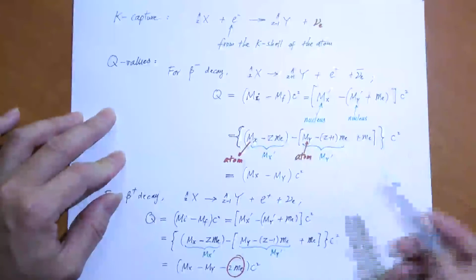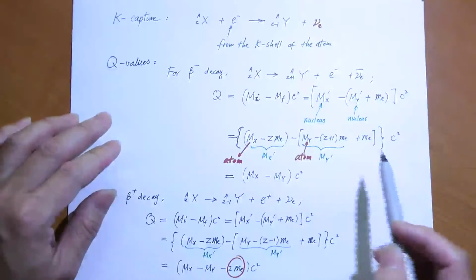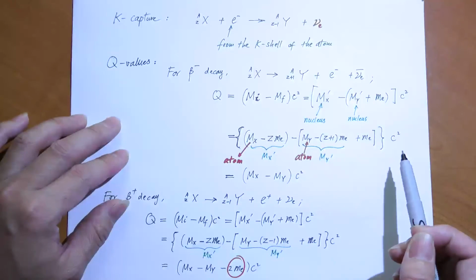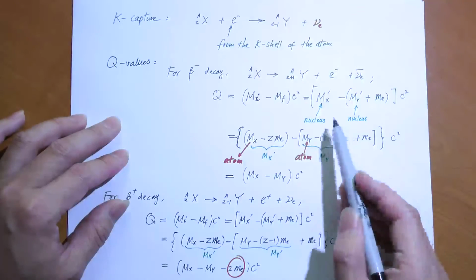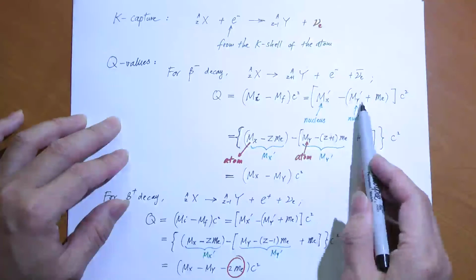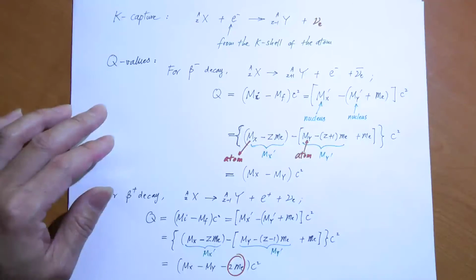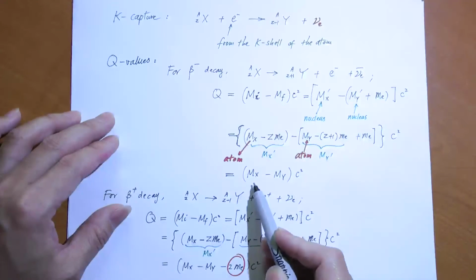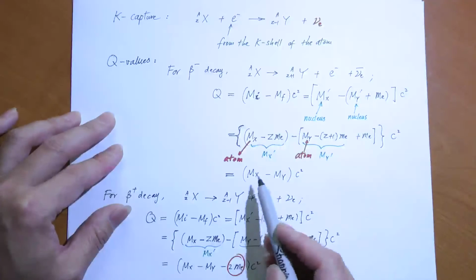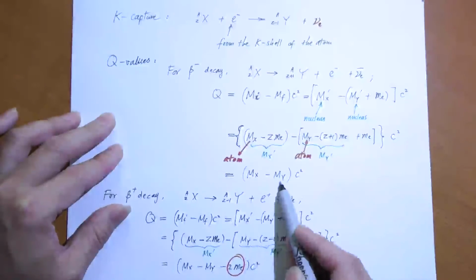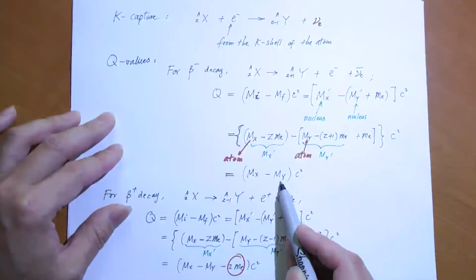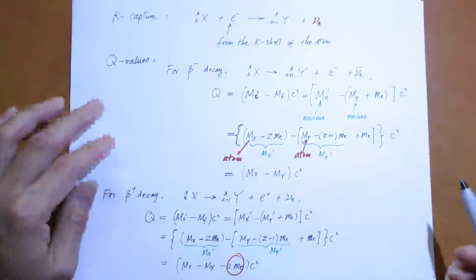Okay, all this m_e just happens to cancel out. So it doesn't matter whether you use the mass of the nucleus or the mass of the neutral atoms. In fact, using the mass of the neutral atoms is actually easier this way. It's just mX minus mY. These are atomic masses. Okay, not nuclear masses. Times c squared. That's it.